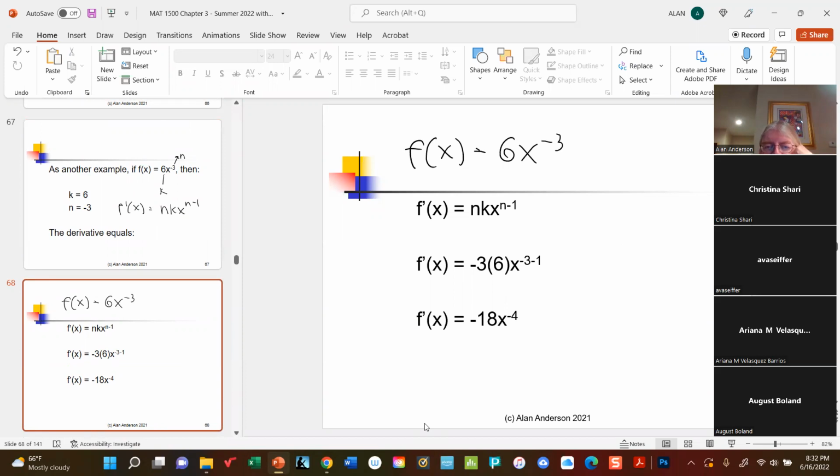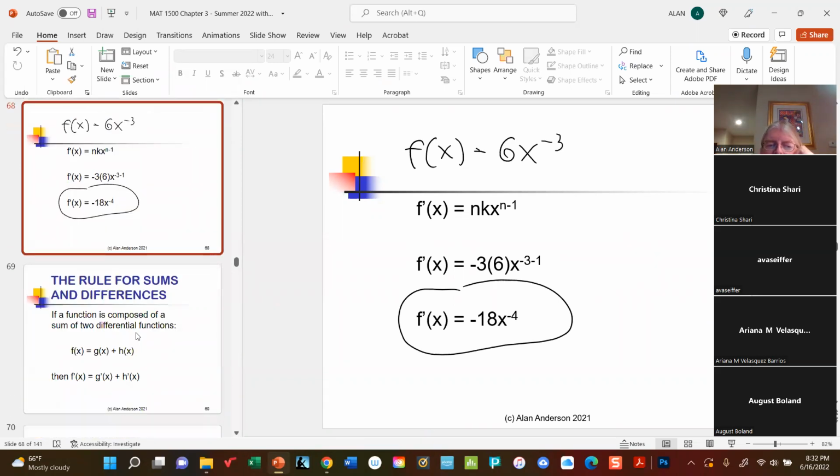So you now have negative 3 times 6, x to the minus 3 minus 1, and the final result is negative 18, x to the minus 4. All right, so those are really the two basic cases. Now we can look at the cases where we're actually combining multiple functions.